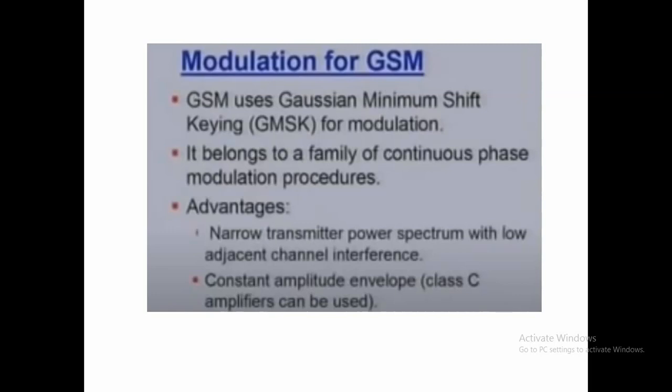GMSK belongs to a family of continuous phase modulation procedures. And what are the advantages? We mentioned here a narrow transmitter power spectrum with low adjacent channel interference, and a constant amplitude envelope, so you can use a cheap class C amplifier.